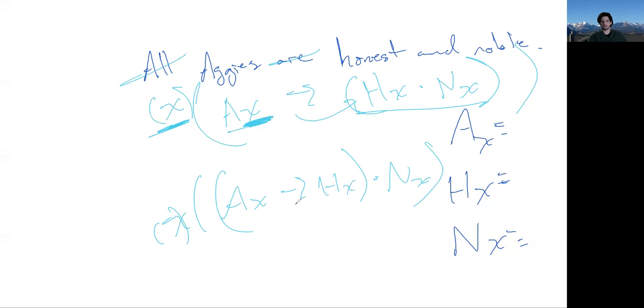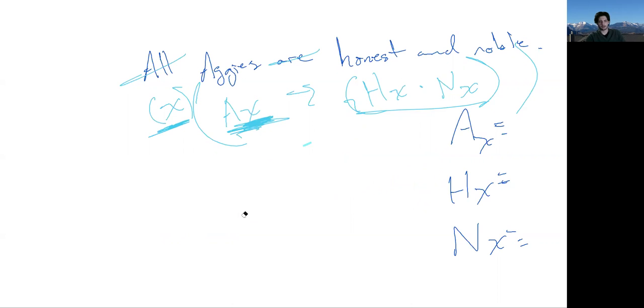This one says everybody is noble, and if you're an Aggie, you're honorable, because the and comes first. Whereas this one says, first you need to check off, are you an Aggie? And then you get all that good stuff. So the parentheses are very important, and hopefully that's more or less intuitive.